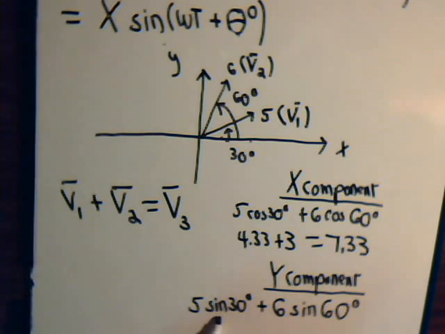The sine of 30 degrees is 1/2 times 5, that's 2.5. The sine of 60 degrees is the square root of 3 over 2 times 6. That'll be 3 times the square root of 3. I think that's like 5.2.